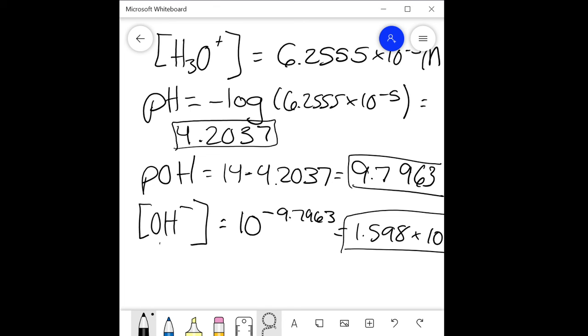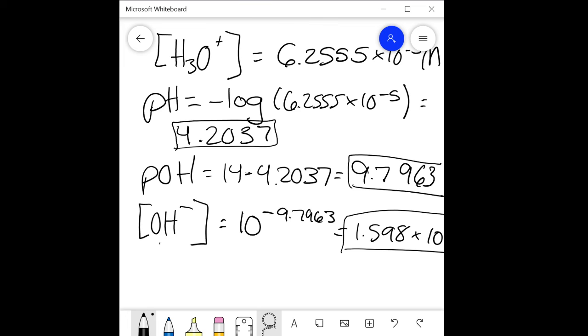So that's how you can solve for pH using those 5 equations we have. Basically, if you know the ion and you're trying to find the P blank, you're going to negative log. If you know your pH or pOH, you're going to take 10 to the negative of it to find your ion.